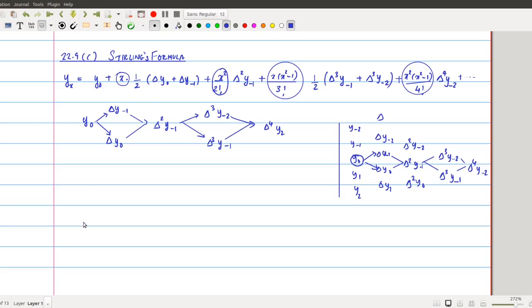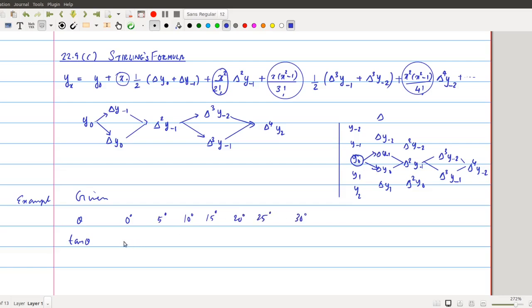So we illustrate this with an example. Given the values of theta and the values of tan theta, we are given some angles: 0 degree, 5 degree, 10 degree, 15 degree, 20, 25, 30.